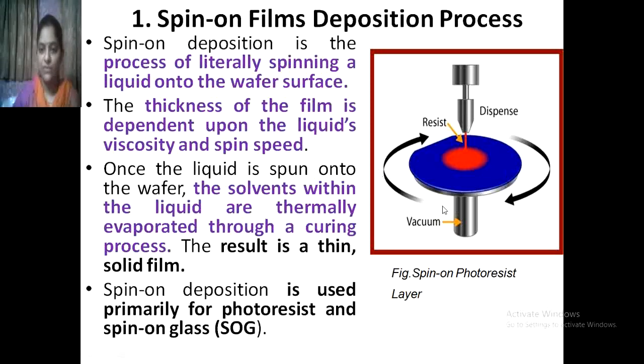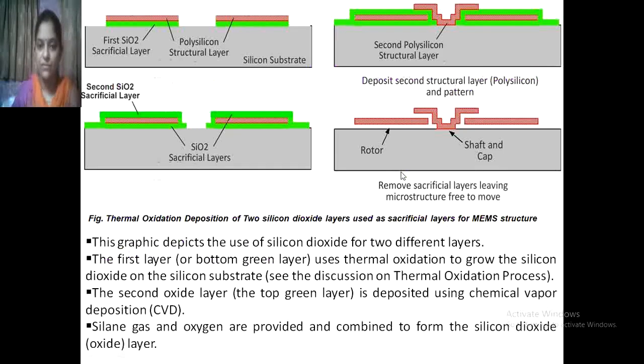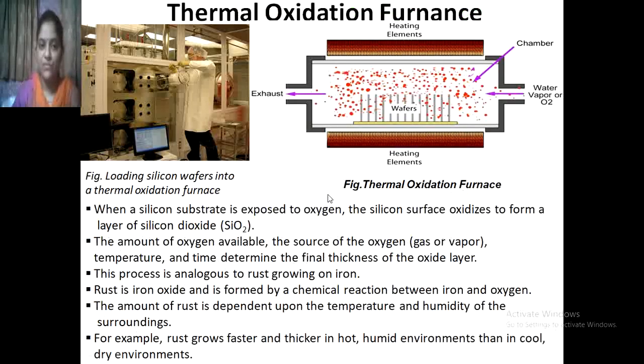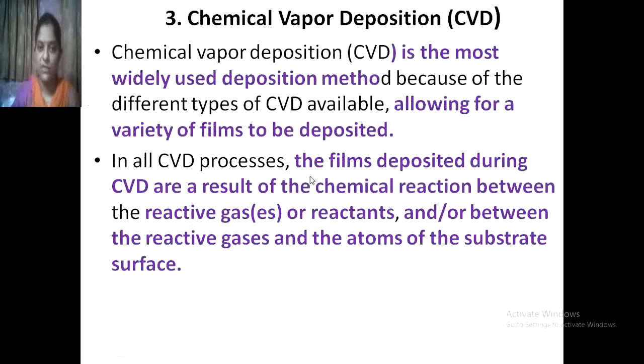So here the disc is rotated and the liquid is thrown on this disc. Then thermal oxidation, where we have seen the actual thermal oxidation process, and then what are the steps involved in the thermal oxidation process.